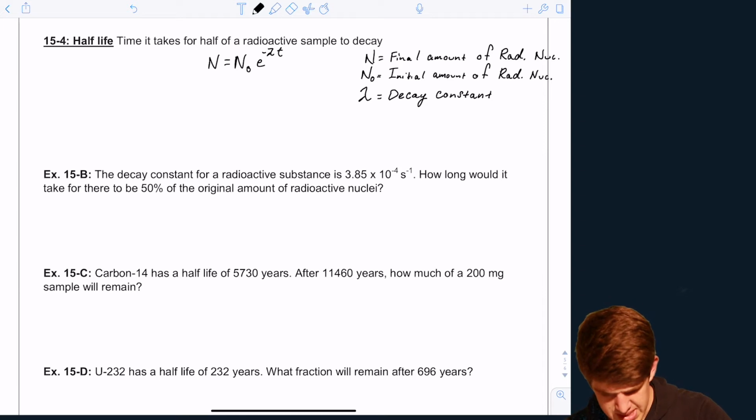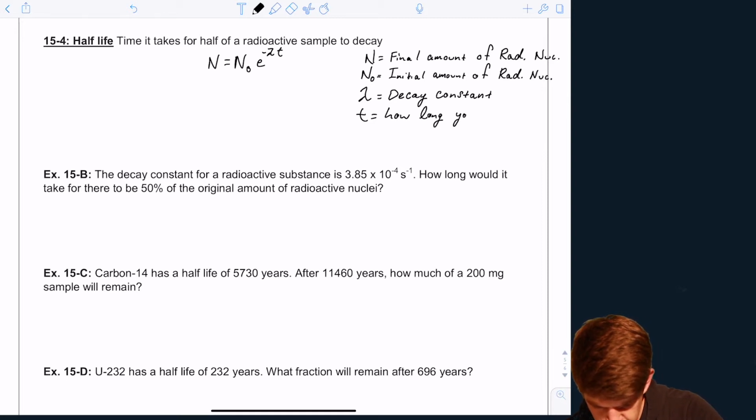So for time t, that is just going to be how long you allow the sample to decay.